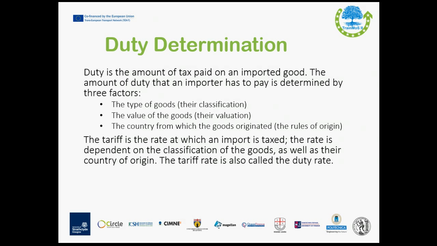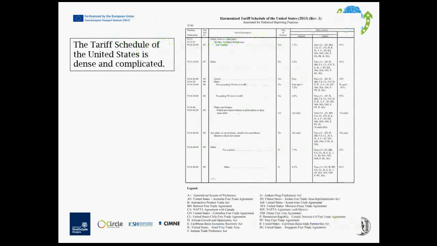Now, that's a tariff schedule for the United States. This, as you can see, includes different products that have different values and different rates of duties, of tariffs, imposed on these products. More precisely, here we have the rates of duty.